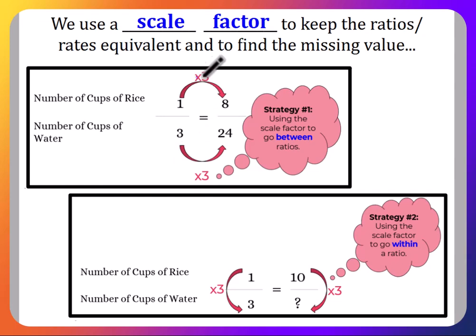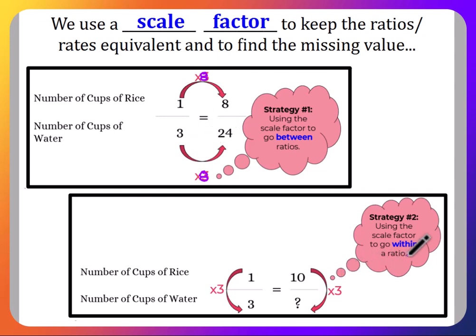The scale factor here is actually wrong. It should not be times 3. We would multiply times 8. 1 times 8 will give us 8, and 3 times 8 gives us the 24. This is going between the two different ratios, finding the scale factor between.